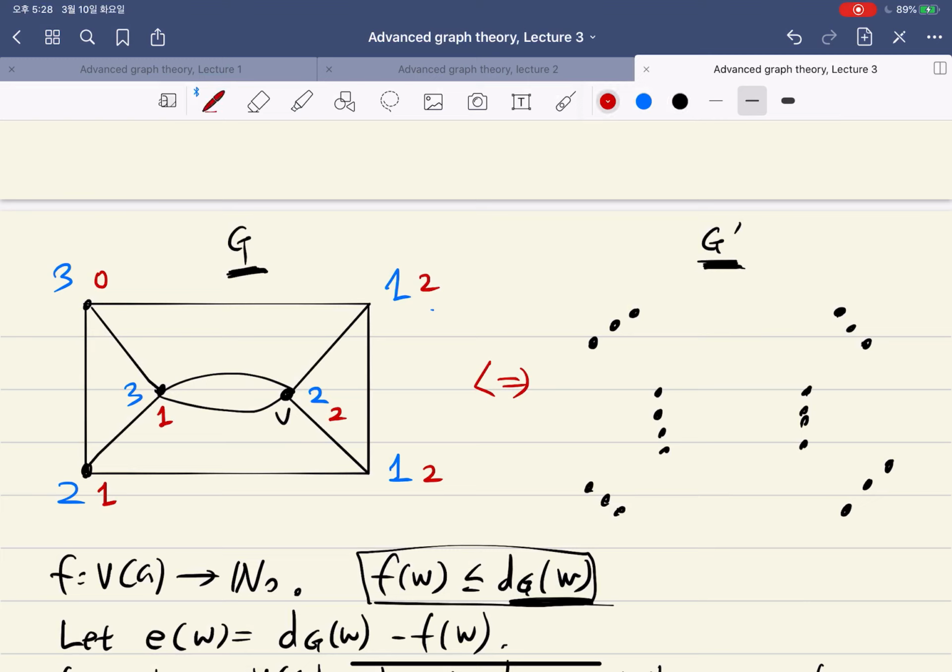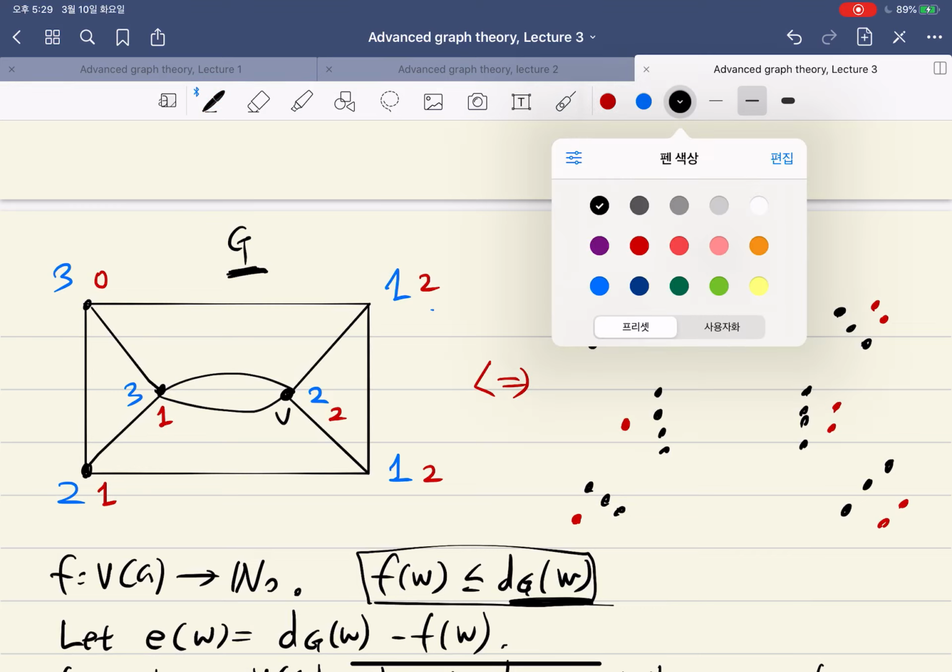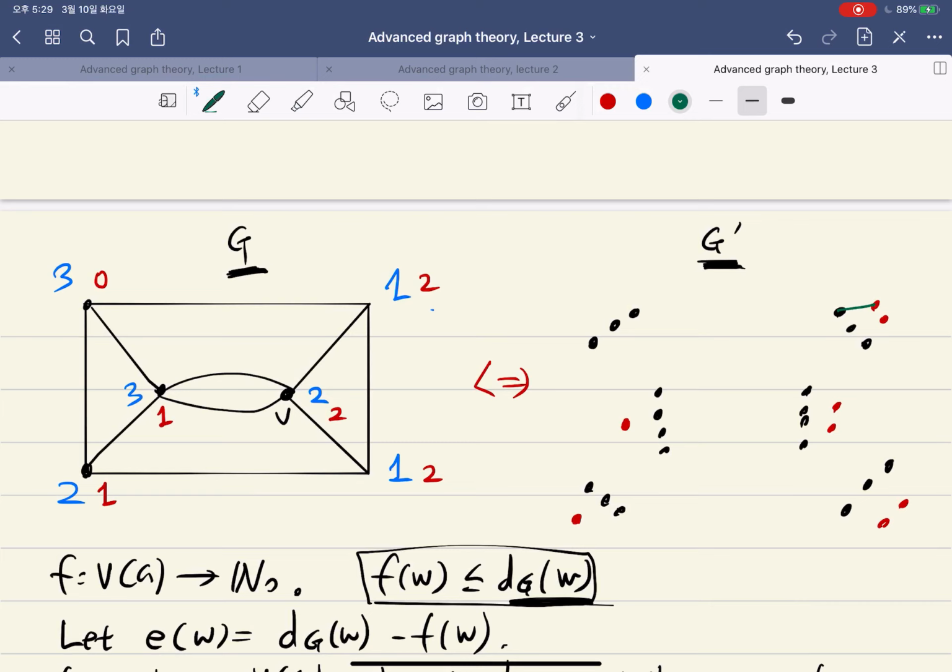And then we put the excess many vertices: 2, 1, 2, 1, 2. And then we make them complete. So this is a complete bipartite graph.